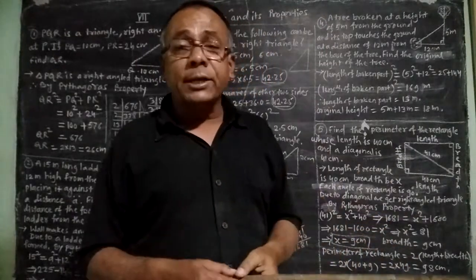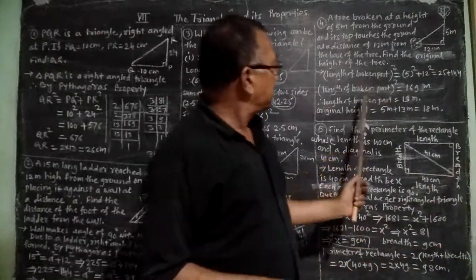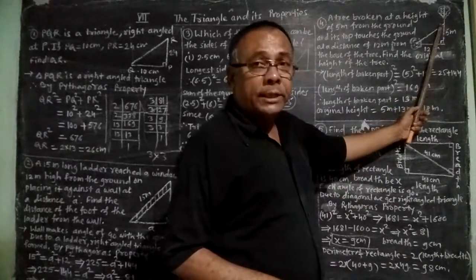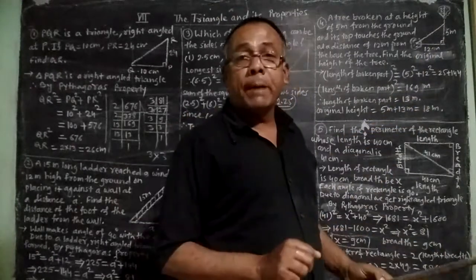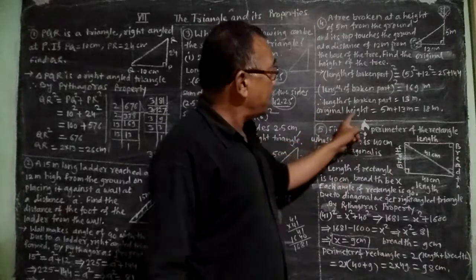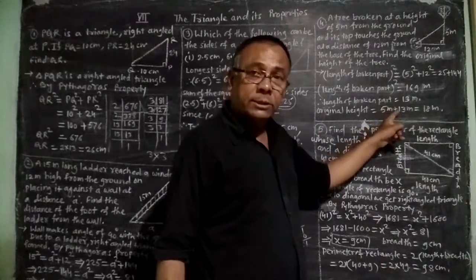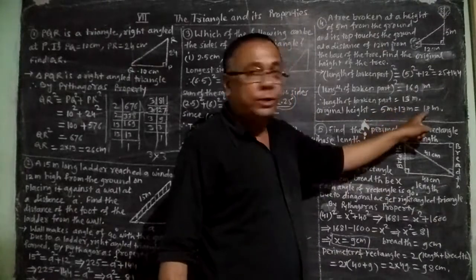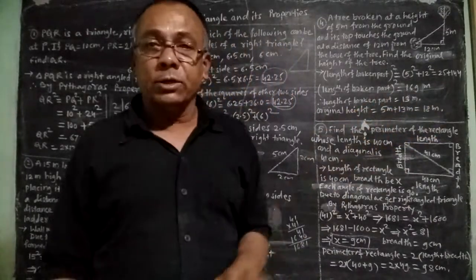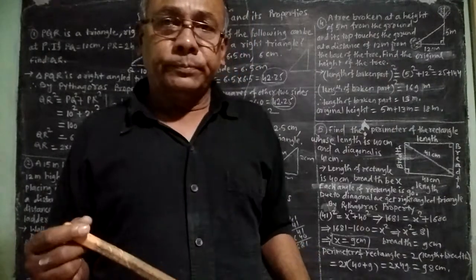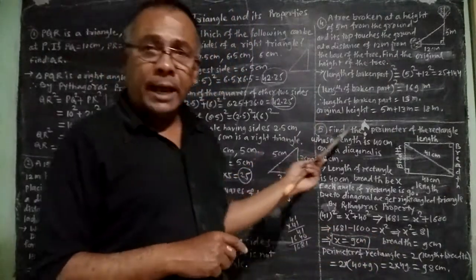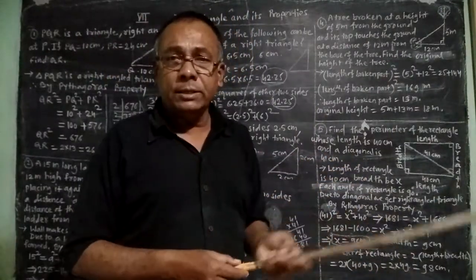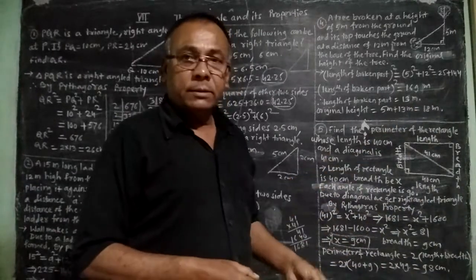The original height is 5 meter plus length of the broken part. So original height is equal to 5 meter plus 13 meter, and 13 plus 5 it will be 18 meter. So the original height of the tree is 18 meter.